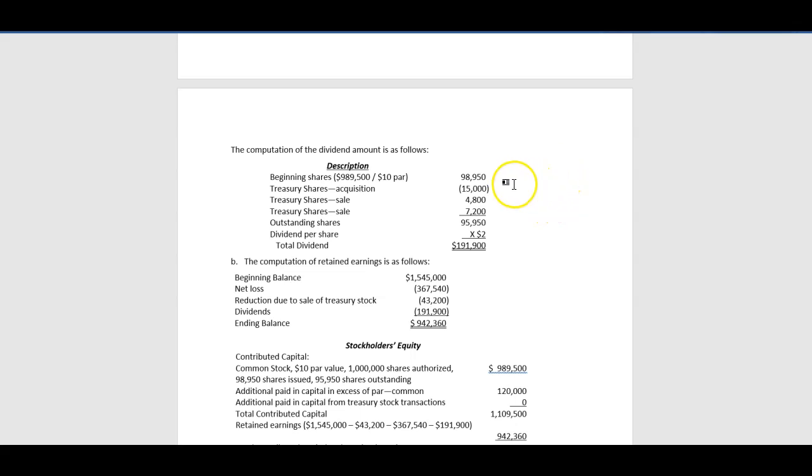It keeps track of all of our beginning shares. We acquired some, we sold some back. So at the end of this period, we end up with 95,950 outstanding shares. We multiply that by $2 apiece for the dividend, and that gives us our $191,900.